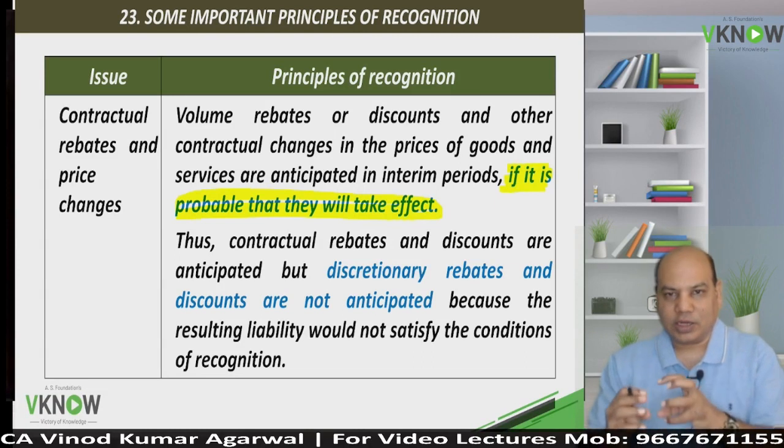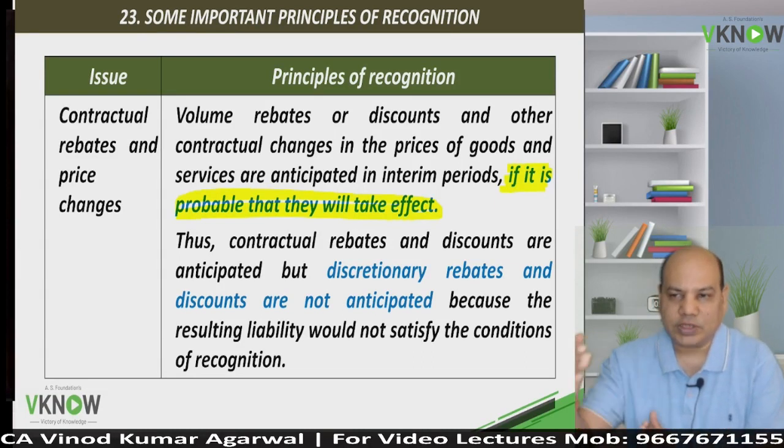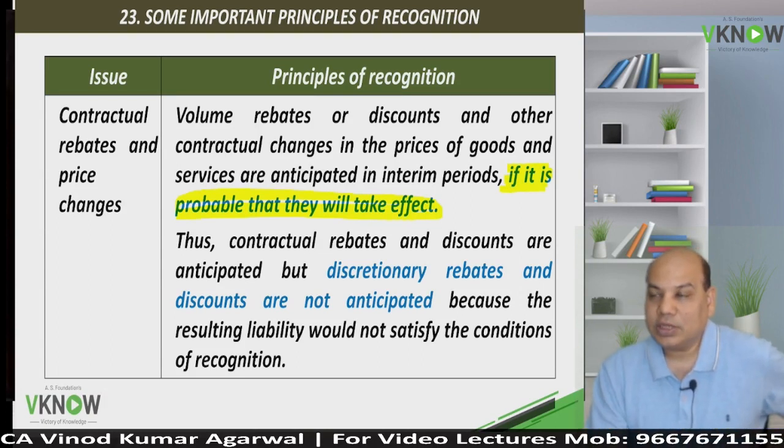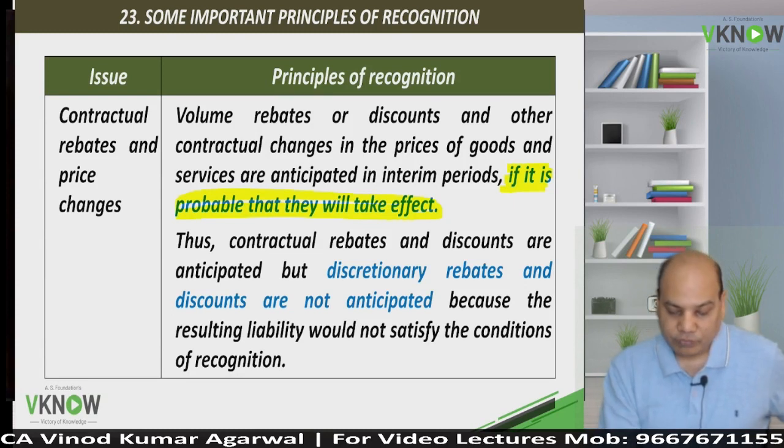Okay, but final discount figure will be known once he completes the target. So in case if you are sure that this customer will be able to achieve the target, then the company should make provision for bonus, but it should be contractual. There must be a contract between the supplier and the customer.